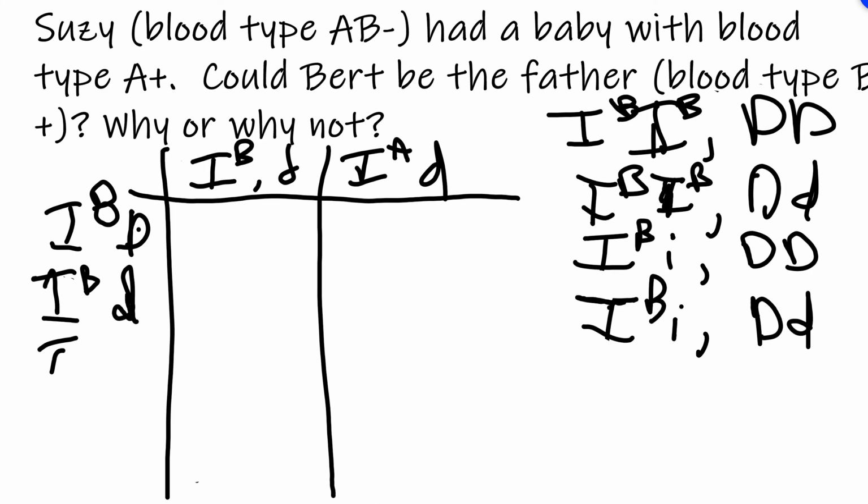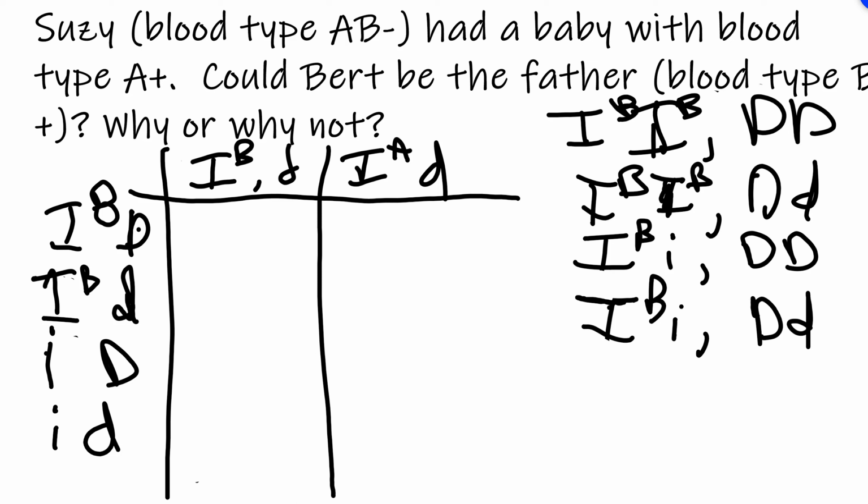So then we could have recessive, dominant, recessive, recessive. So we can basically have dominant, dominant; dominant, recessive; recessive, dominant; and recessive, recessive. Okay, those are the possible combinations.